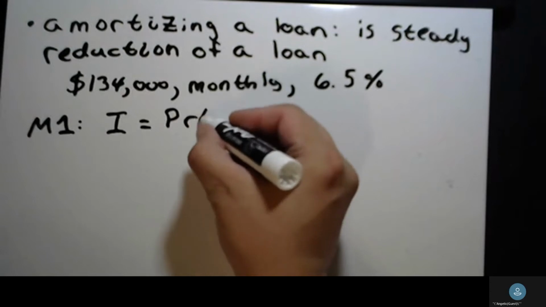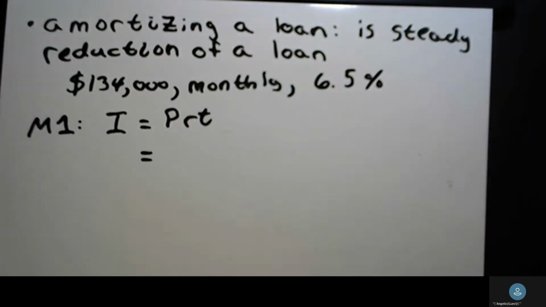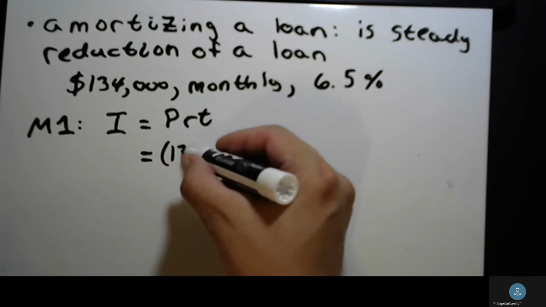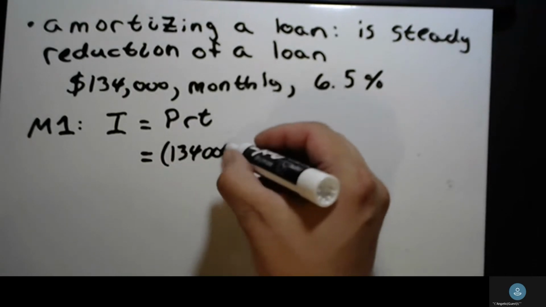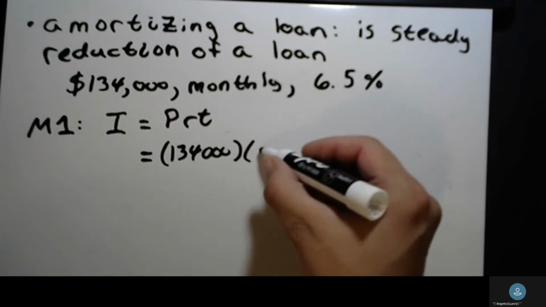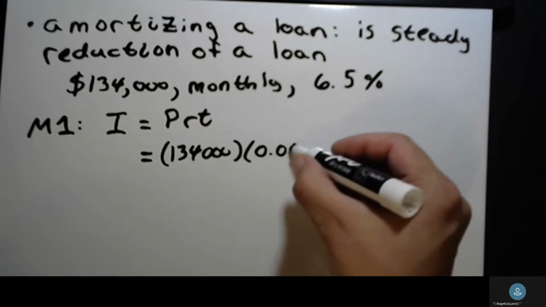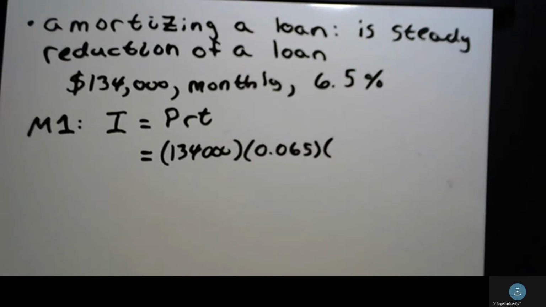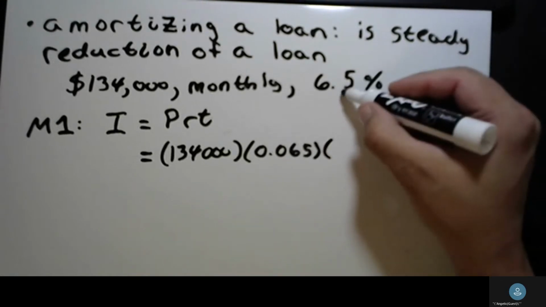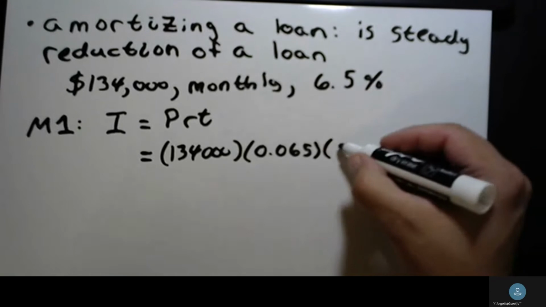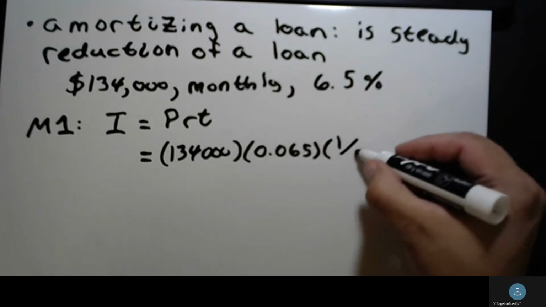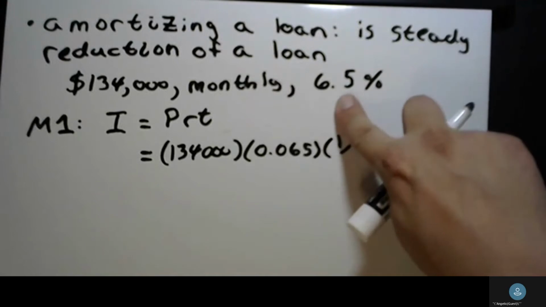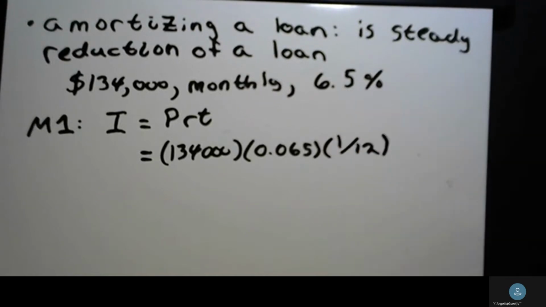In this case, we're going to use our simple interest formula. How much interest have we earned on this loan? Well, it's going to be $134,000 times 0.065 times, now this is the end of the first month. Now this interest rate is an annual rate. So the time, a month is a 12th of a year, because annual means 6.5% per year.